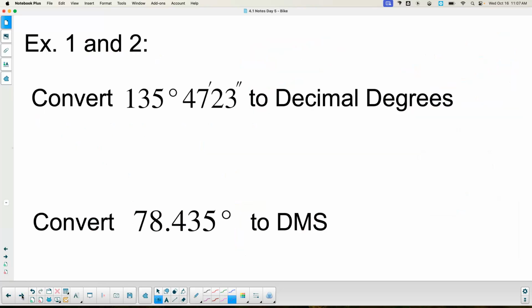Convert those two to their respective things. We're starting to review for the test, just so you know.